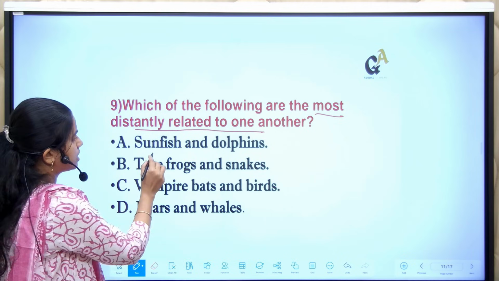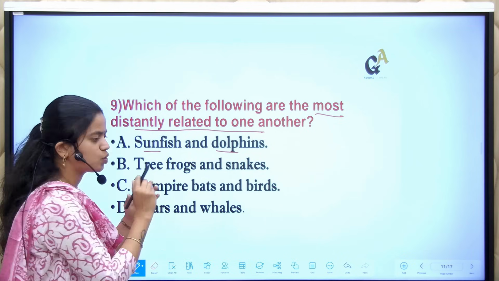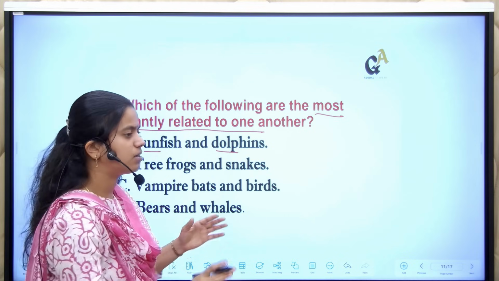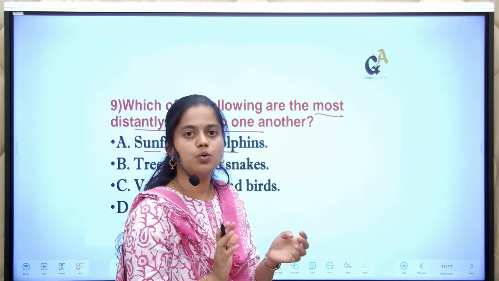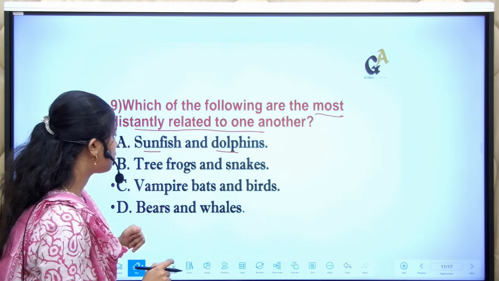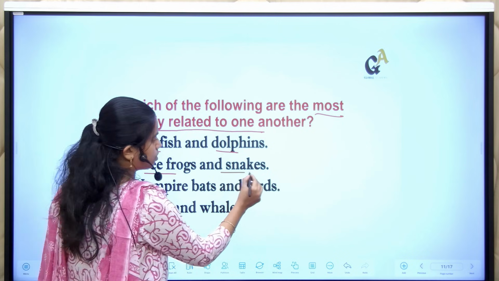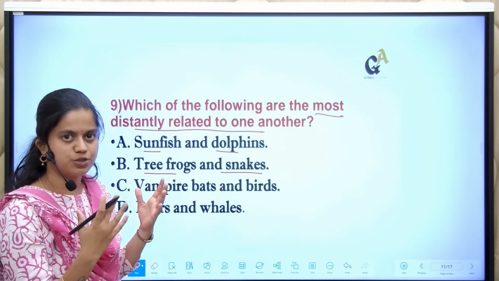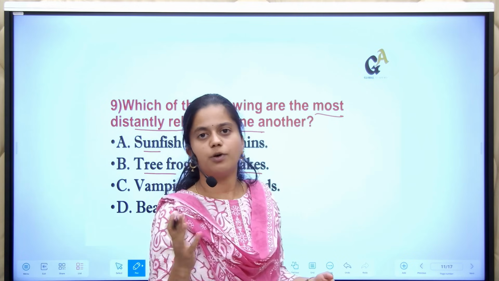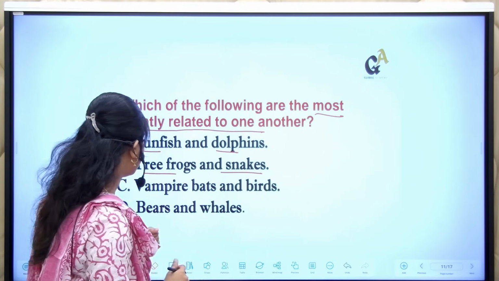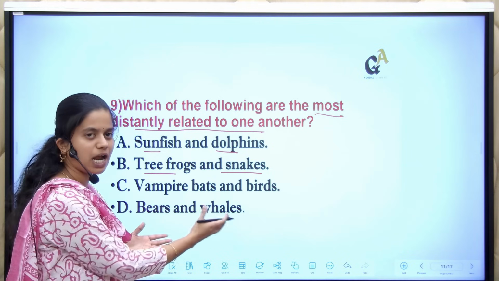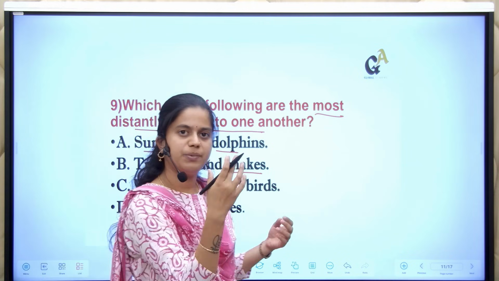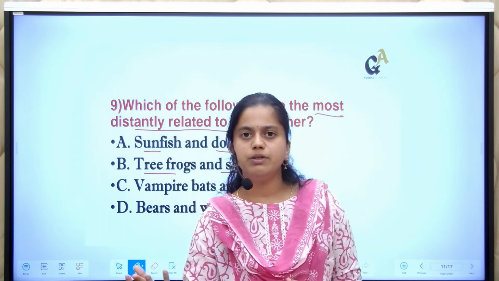Let us look. See, sunfish and dolphins, its morphology or structure is totally different. Whereas the tree frog and snake are totally different, we can just imagine how the frog will be and what about the snakes, right? Then option D, that is bears and whales. Bears are terrestrial and some of them are present in the snow.